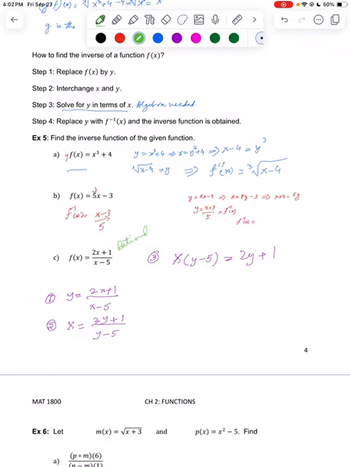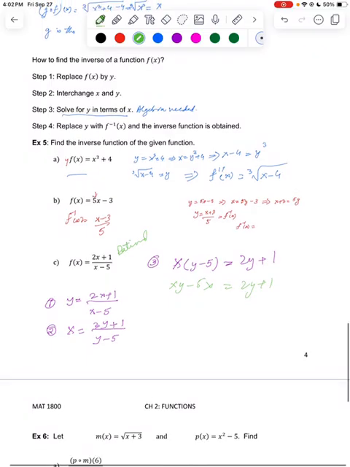So distribute: xy minus 5x equals 2y plus 1. Okay. So if I write the steps, what did I do here? Cross multiply. Or should I say that in the previous one, yeah, I should say it over here.